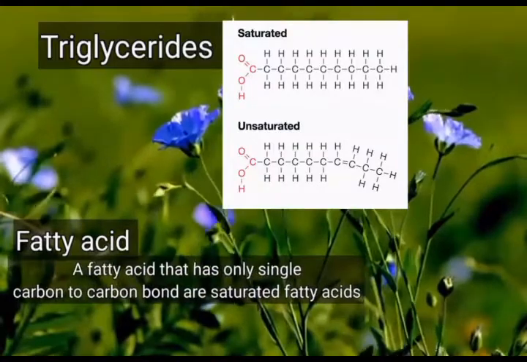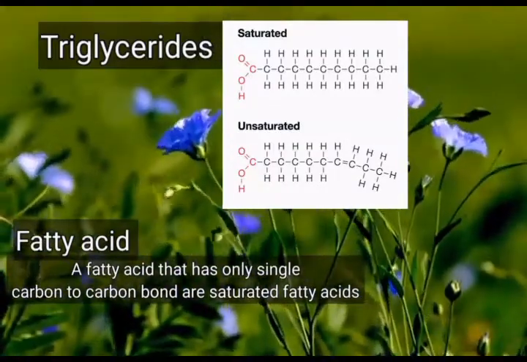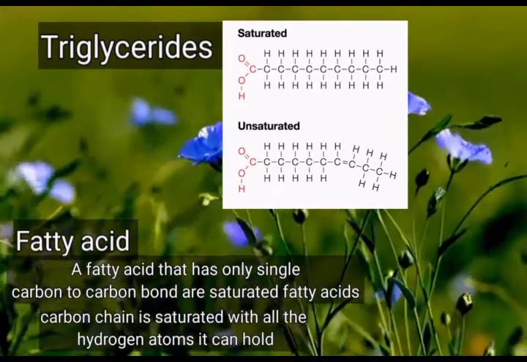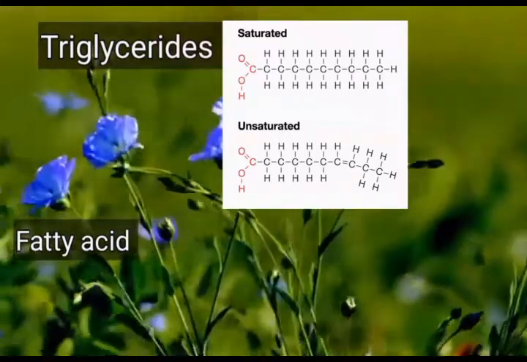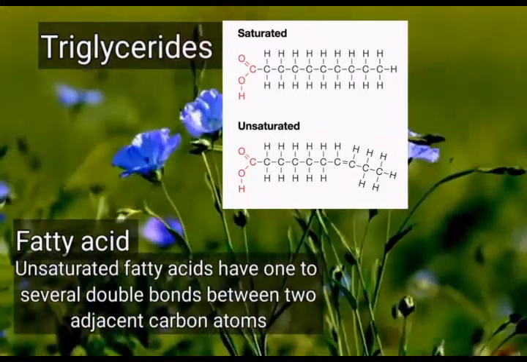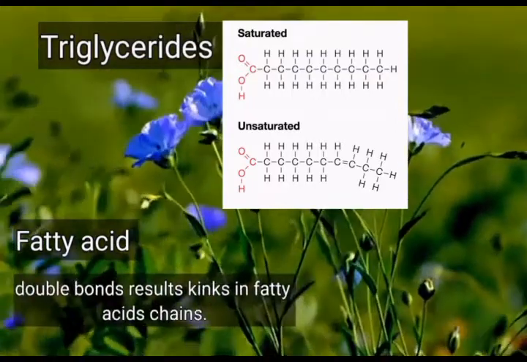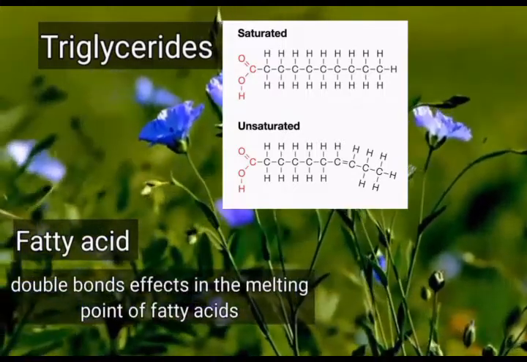A fatty acid that has only single carbon-to-carbon bonds is a saturated fatty acid, and it is called saturated because the carbon chain is saturated with all the hydrogen atoms it can hold. Unsaturated fatty acids have one to several double bonds between 2 adjacent carbon atoms, and the double bond results in kinks in the fatty acid chains, and the double bonds affect the melting point of fats.